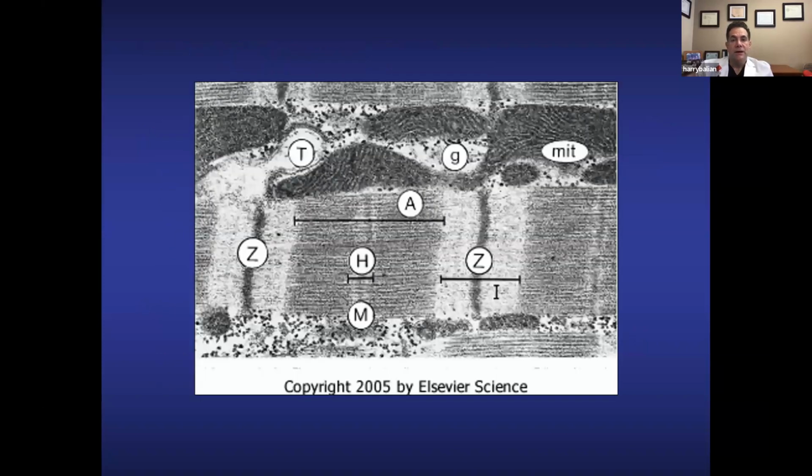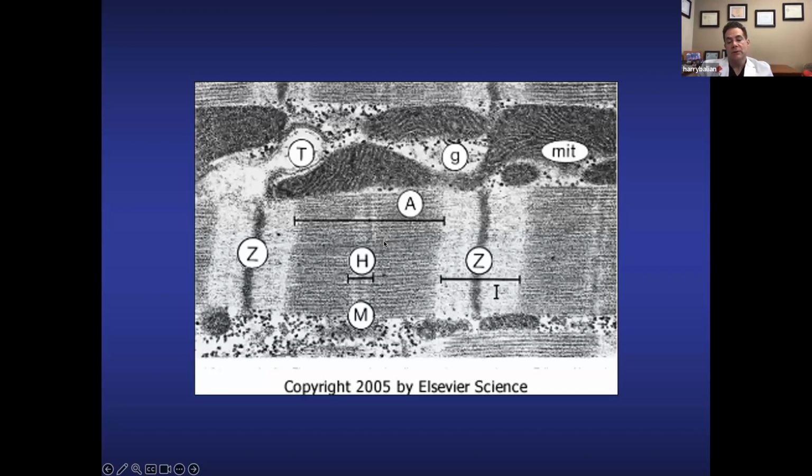So looking at the overall anatomy of the heart muscle, we have the actin and myosin cells, and when the actin and myosin overlap each other, we have a contracted myocyte, and that's what causes the systole. Systole is passive and diastole is the active form, meaning you need actual energy to have a relaxation of the heart muscle.